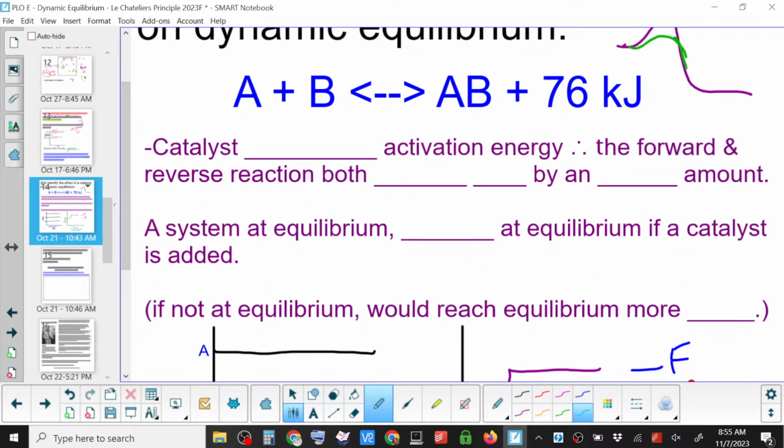So what does a catalyst do to the activation energy? Reduces. Reduces, sure. Reduces is a good word. It reduces activation energy for the forward and reverse reaction both.